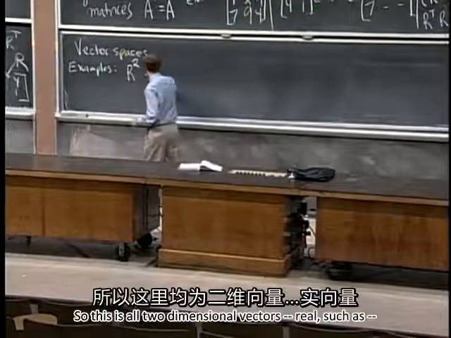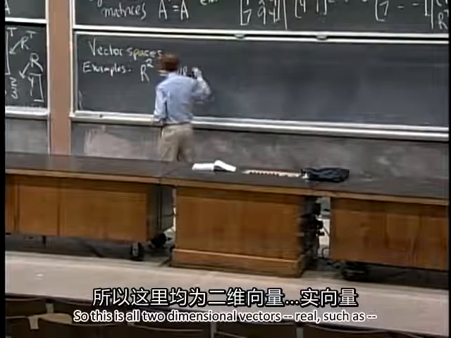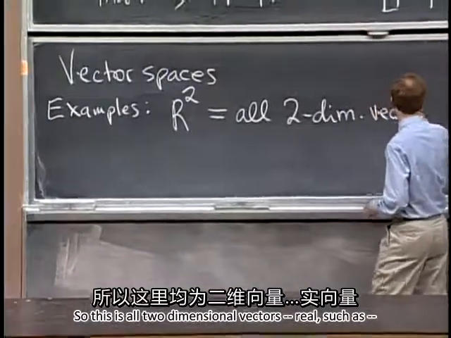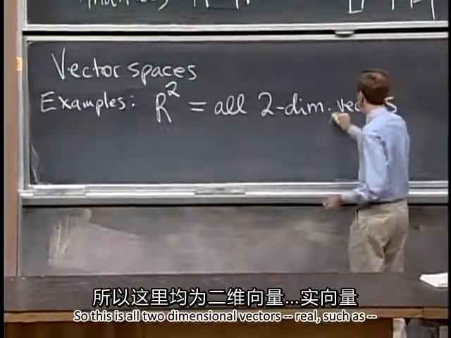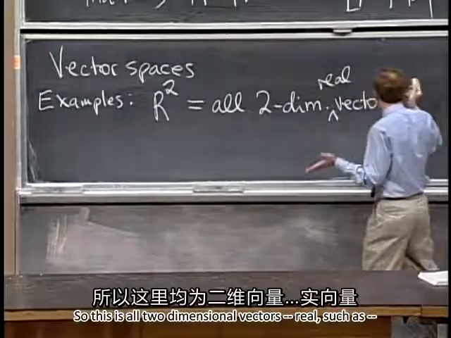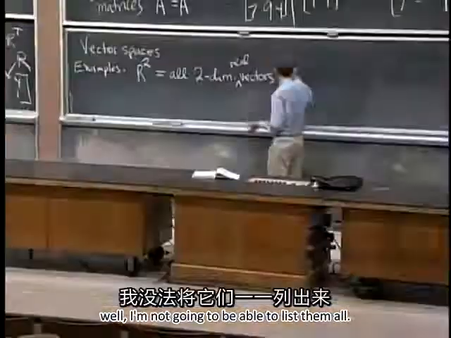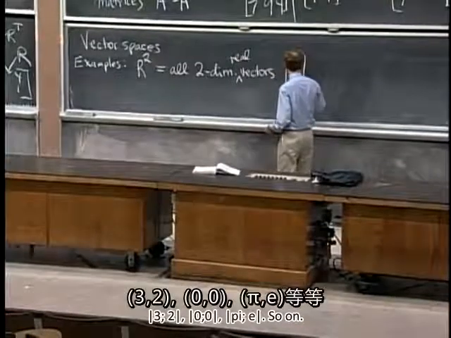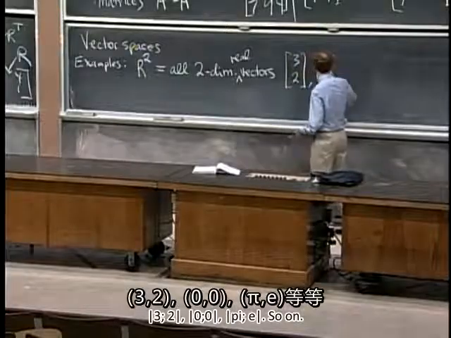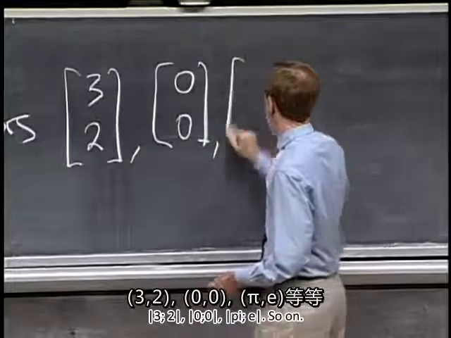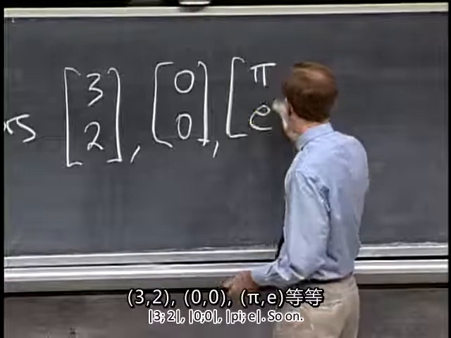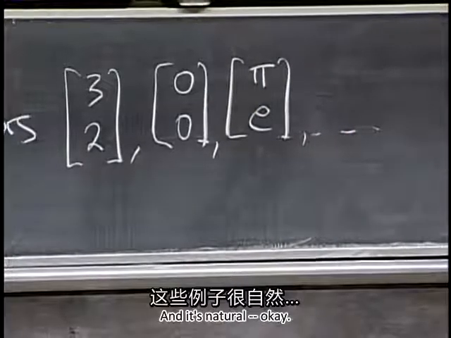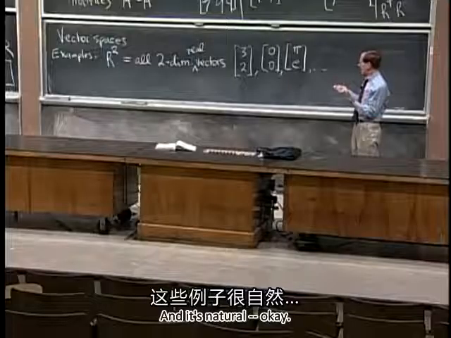So this is all two-dimensional real vectors, such as, well, I'm not going to be able to list them all, but let me put a few down. 3, 2. 0, 0. Pi, e. So on. And it's natural.